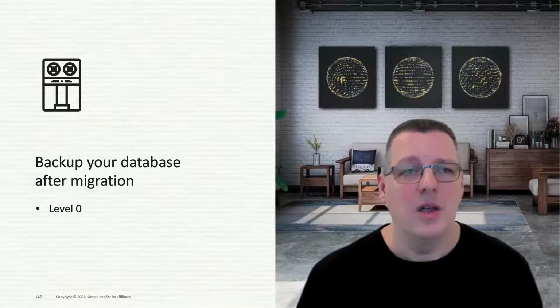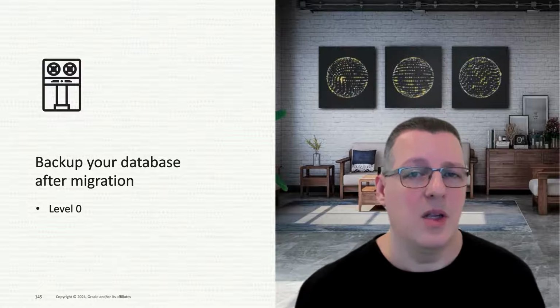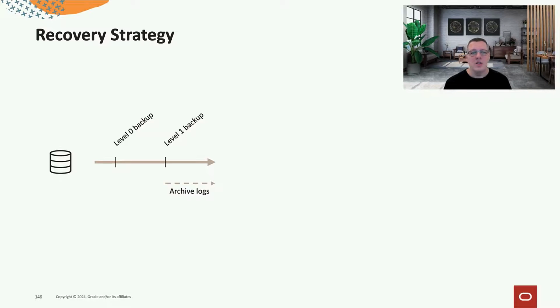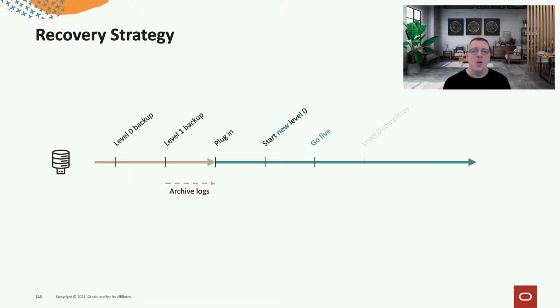Very important thing, backup your database after the migration. So take a level 0 backup. So sometimes you can't wait until the level 0 completes, so you go live before the backup completion. So to restore this period of time, you can use the archive logs from your source database.